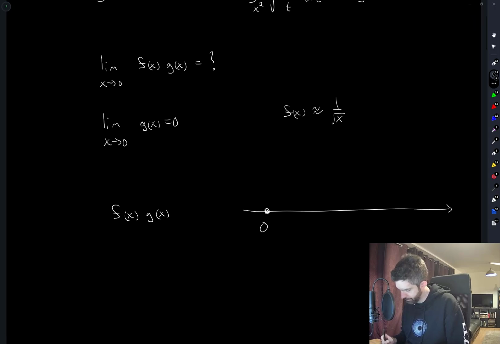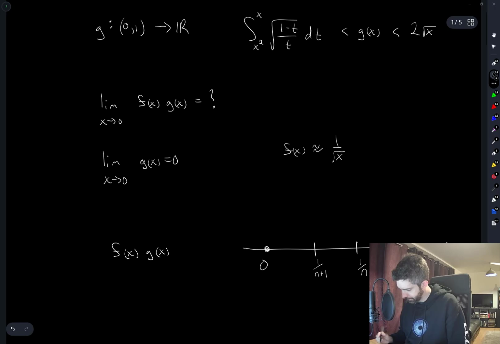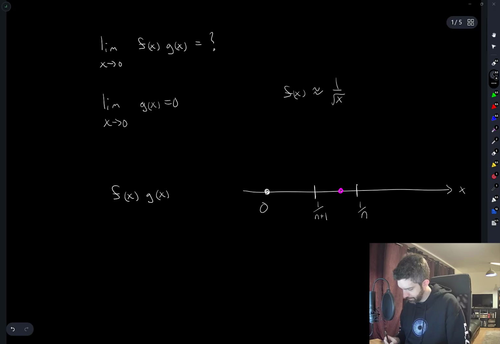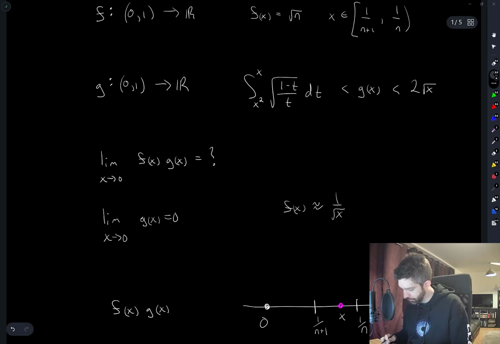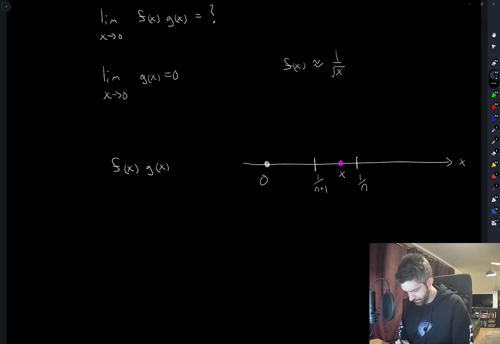There's 0. Let's call this here a value of x. Then f(x) is going to be equal to root n. Let's call it x naught, to be clear that we're talking about a specific value of x. So f(x naught) is equal to root n.